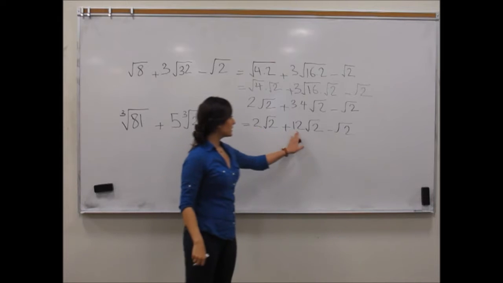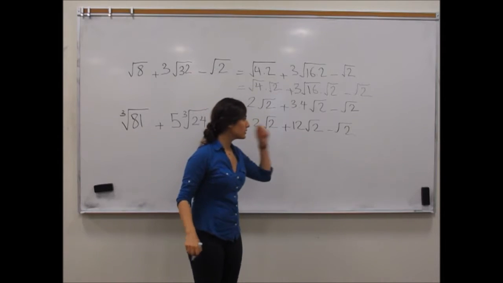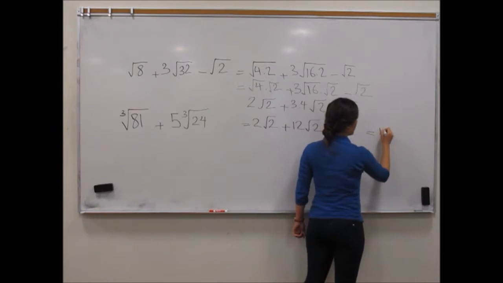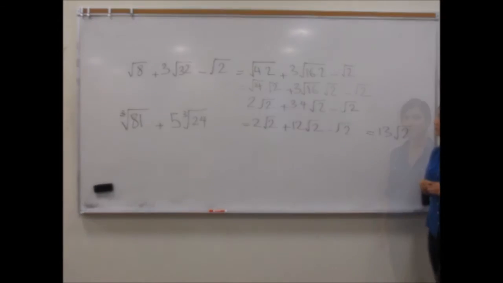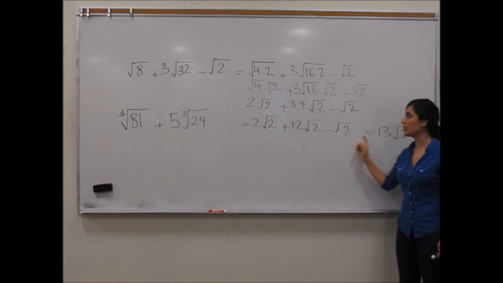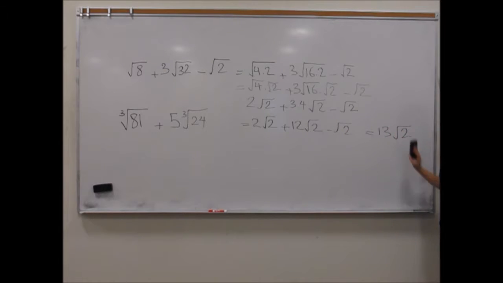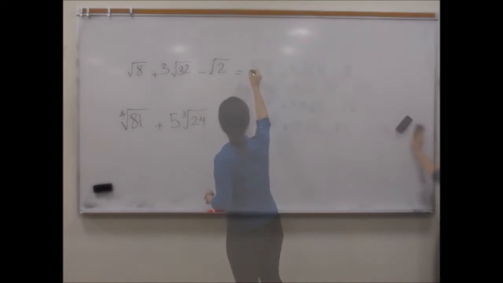So I would have 14 rad 2 minus 1 rad 2, so I would have 13 rad 2. Now that we're done with the first example, I'm going to erase this to do the second one. I'm just going to write the final answer in front of it. So that's 13 rad 2.